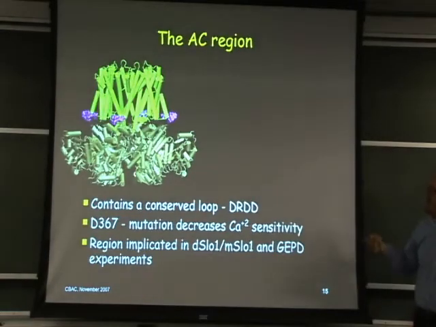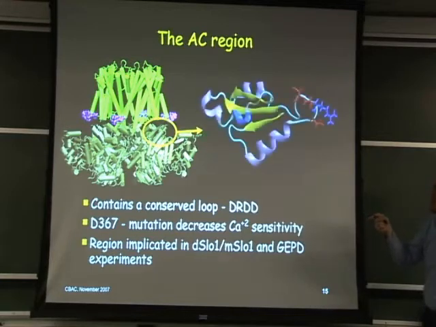If we go back to this channel structure, okay, the N-terminal portion of RCK, again, this kind of gold-colored piece here is the cytoplasmic domain. Okay, we're going to be focusing on this simple 80 amino acid stretch known as the AC region. Okay, this is a Rossmann fold, or half of a Rossmann fold, and it has this conserved DRDD loop.